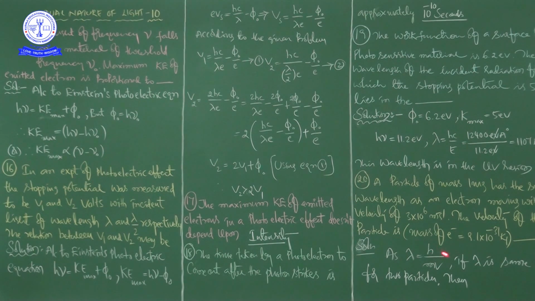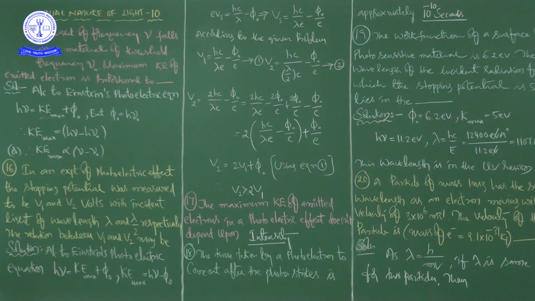According to the given information lambda is the same. When lambda is the same for two particles, you can write mp into vp is equal to me into ve. h is already constant, so mv is constant.